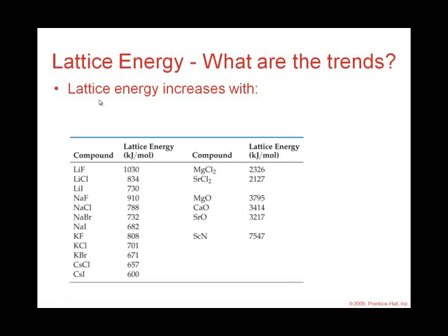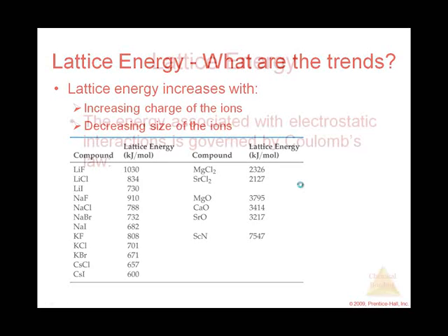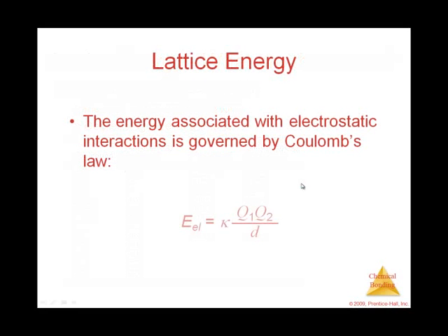So lattice energy increases with two things. The first and most important is the increased charge of the ions, and the second thing is decreasing size of the ions. This energy is associated with Coulomb's law. If you remember electrostatic energy, there's some constant, and it's Q1, Q2.